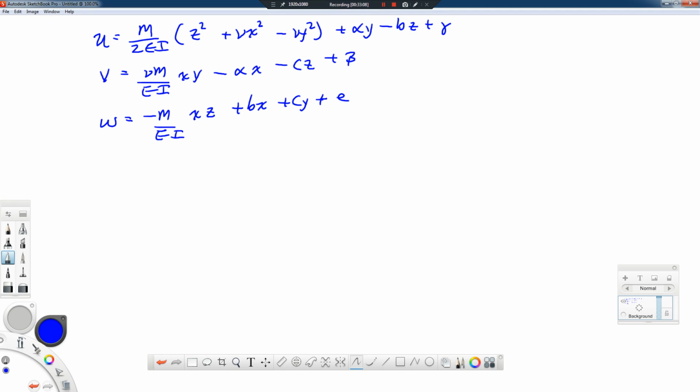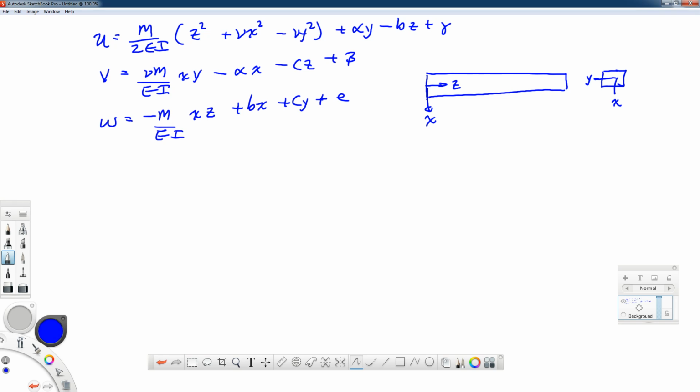Might be helpful if we sketched our coordinate system again. So this is z, this was x, and when we looked at the cross-section, this was x and this is y.